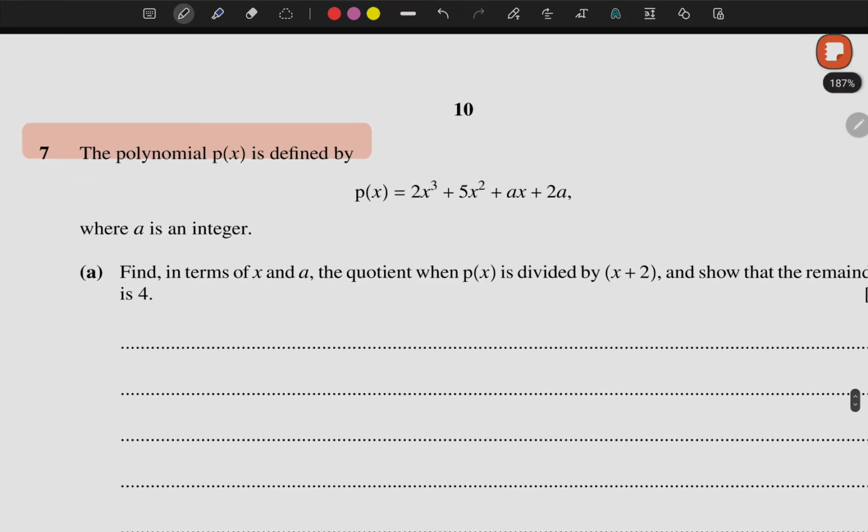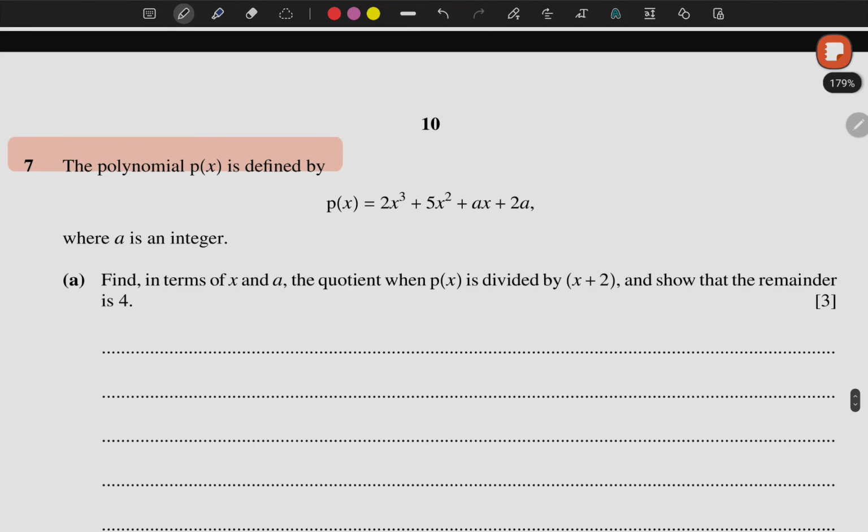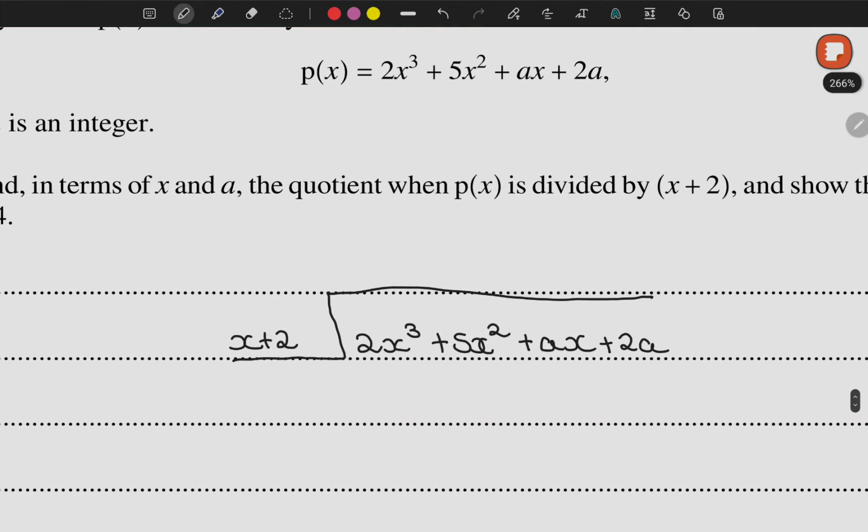Okay, so let's say 2x cubed plus 5x squared plus ax plus 2a, and it's just divided by x plus 2. So how many times? Long division, very similar to what we did in prep school.